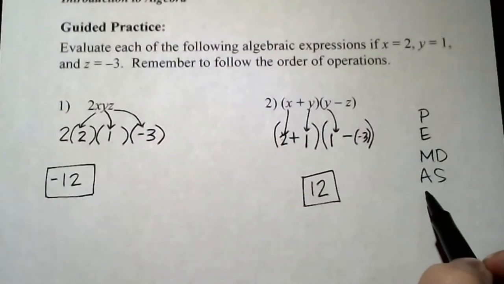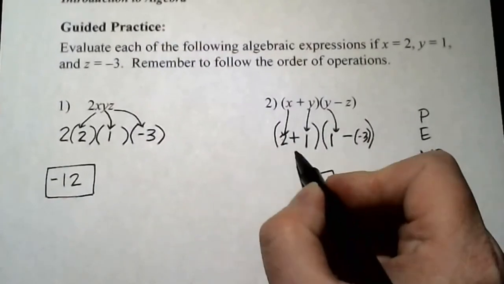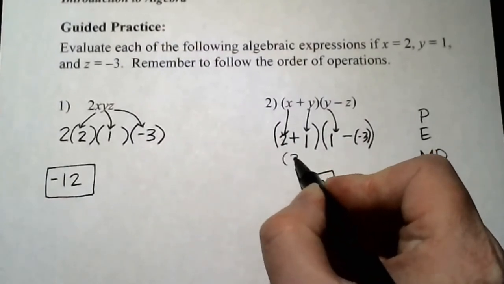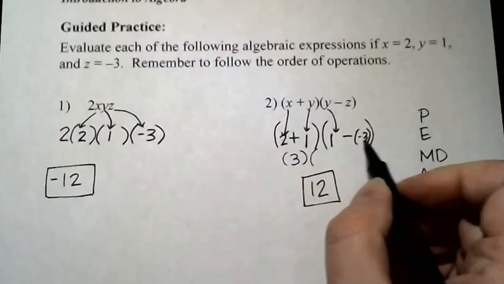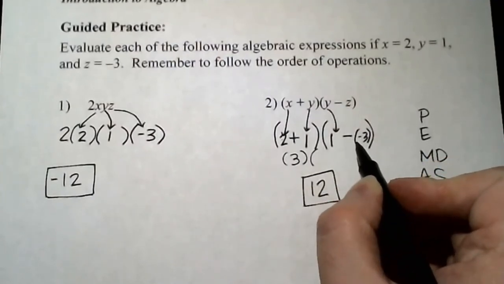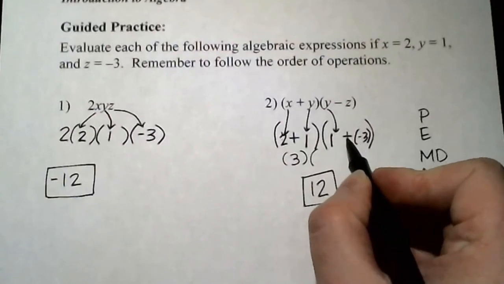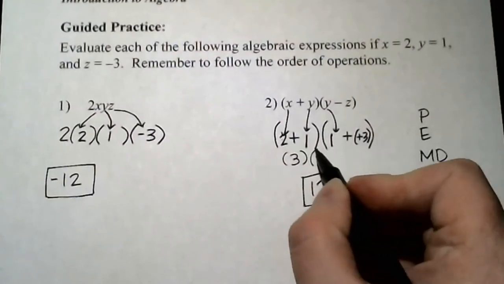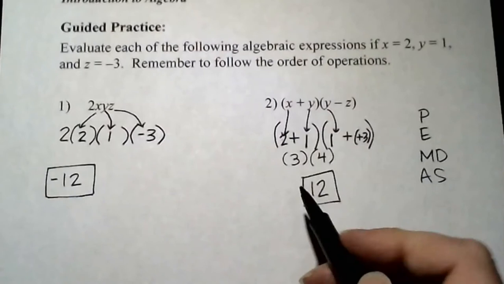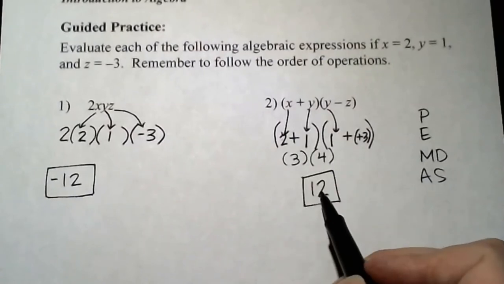So in this case, I have 2 plus 1, which is 3, times 1 minus negative 3 is like adding. So that's a 4. And then 3 times 4 is where the 12 comes from.